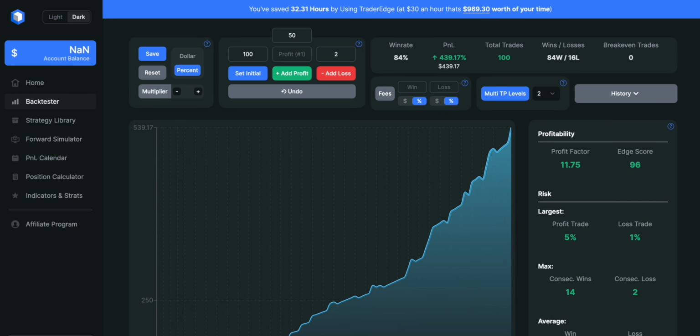So, after taking 100 trades, the win rate for the strategy turned out to be 84%. This is literally the most accurate strategy on my channel.